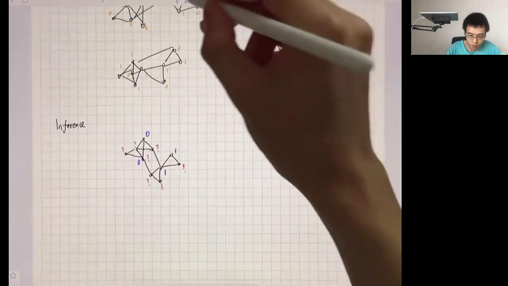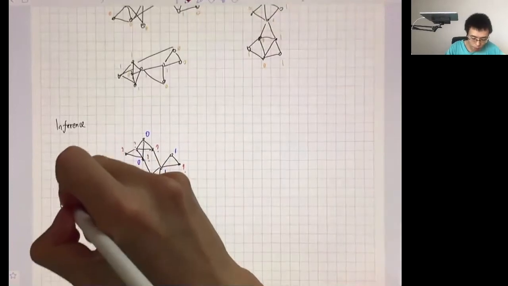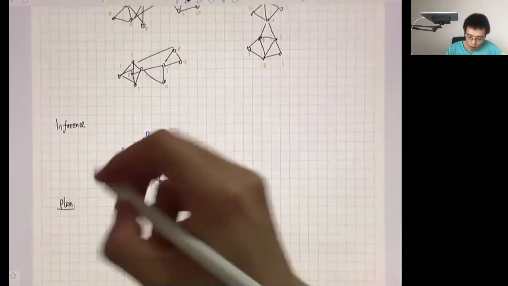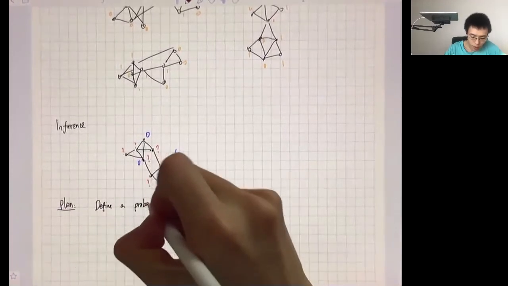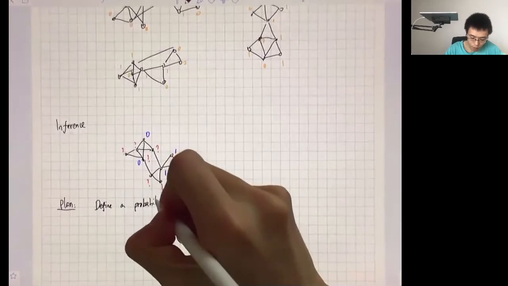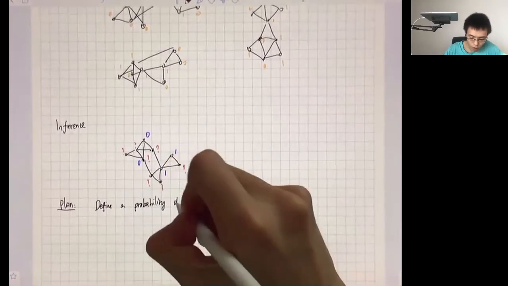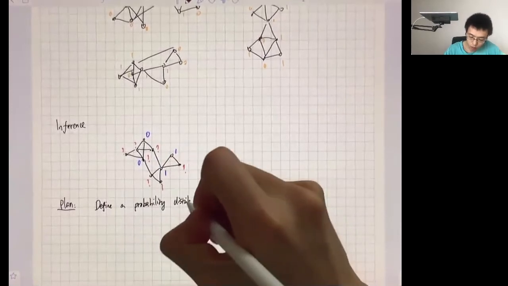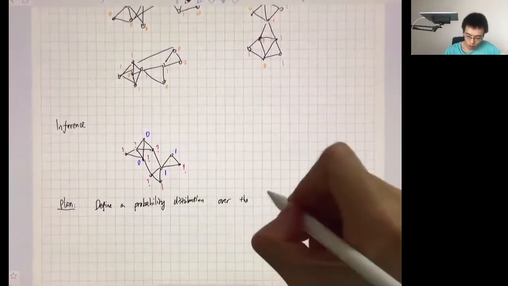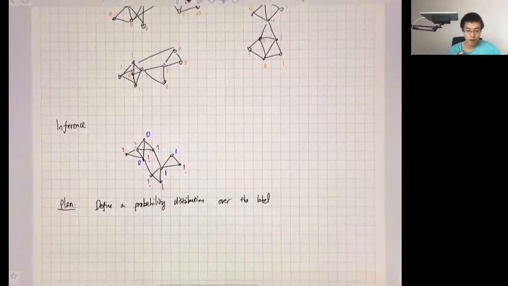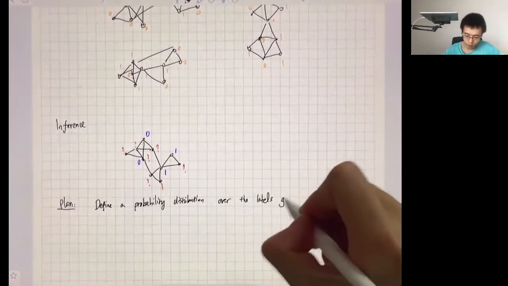I plan to define a probability distribution over the labels, the possible label assignments, given the graph.